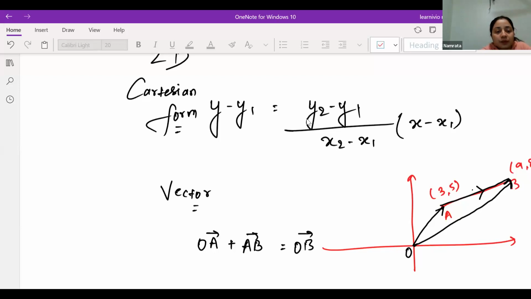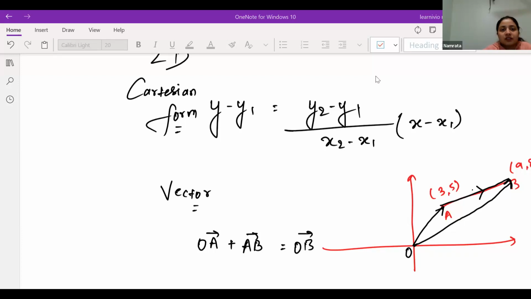Do you know this law? Have you seen this law in the vector chapter? Yes or no? Anyone? You can also write it in the chat box. You don't know?